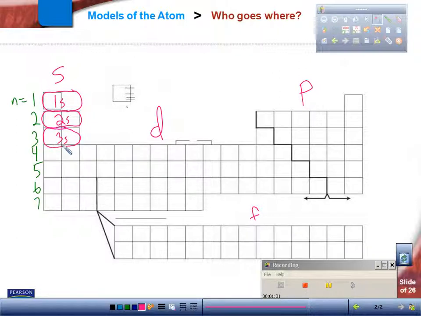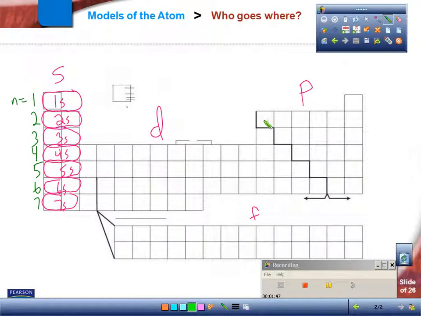So here's 3S, 4S, alright, and I can do the same thing over here with the P. Now the P block is these guys, and again this guy, he's really over here, but this is my P block.